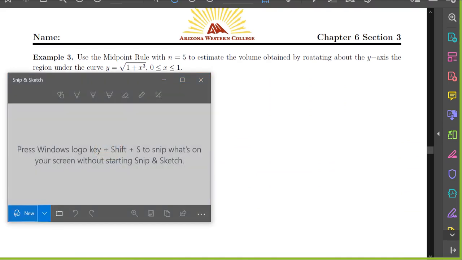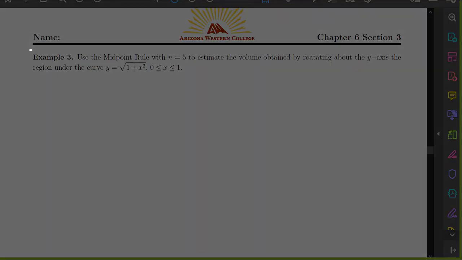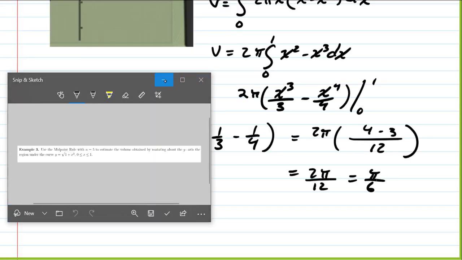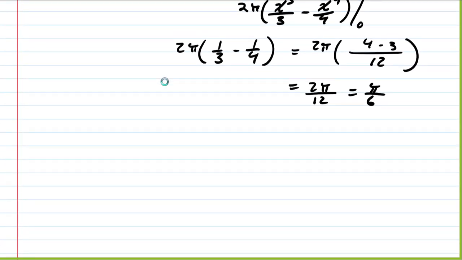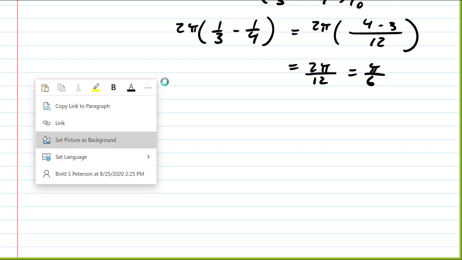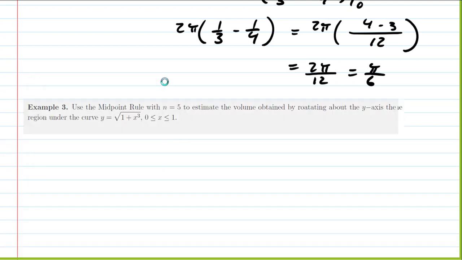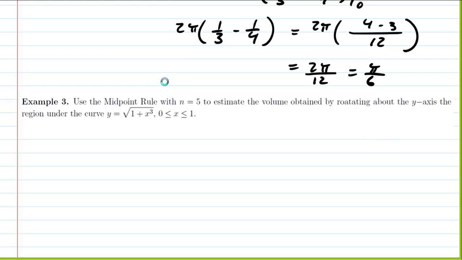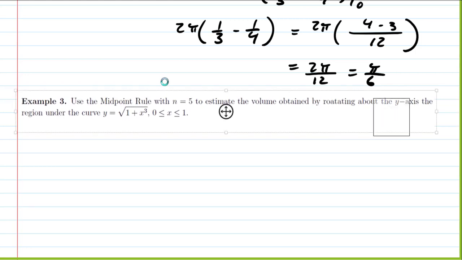So our next example we're going to work on, we're going to have to think back to Calc 1 a little bit, because we're asked to find this integral, and then we're asked to use the midpoint rule. And we'll discover when we get to the next chapter that we're going to have to do this more often than you would think.